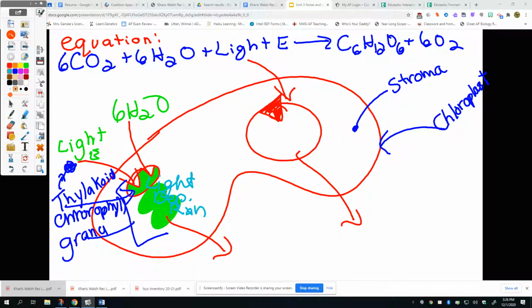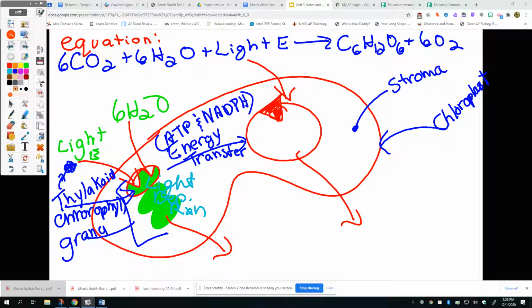And through the light dependent reaction, energy is transferred. And you may have written it as ATP and NADPH. If you did, that's amazing that you remember that. Keep that up. And also, water is split and oxygen is released during the light-dependent reaction.